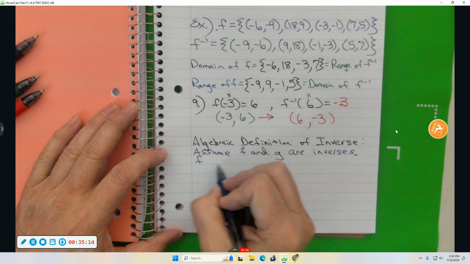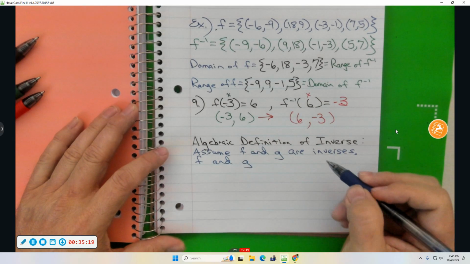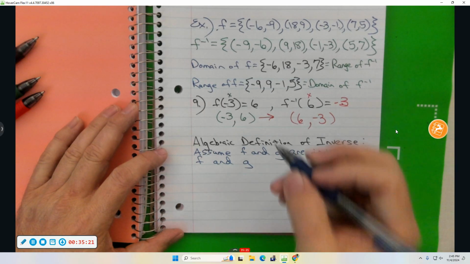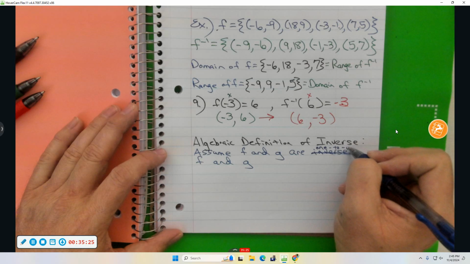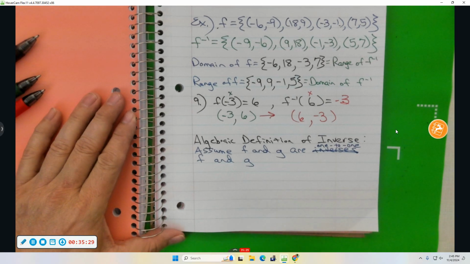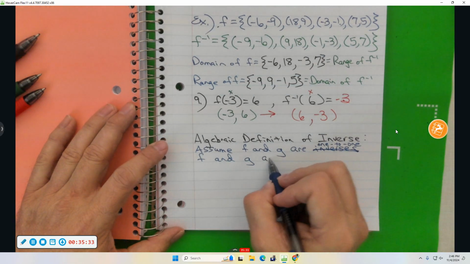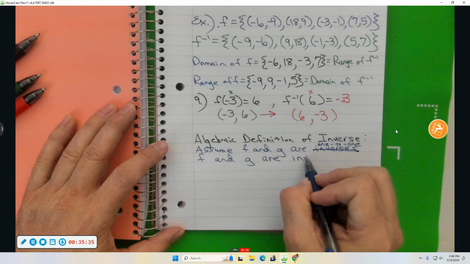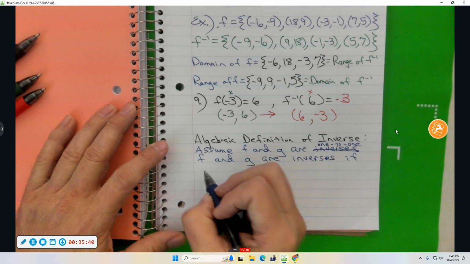I'm sorry about that. Assume f and g are one-to-one. f and g are inverses if each of the following is true.